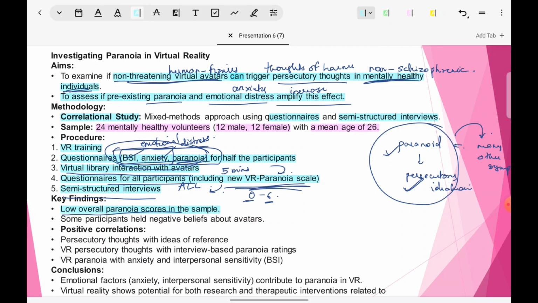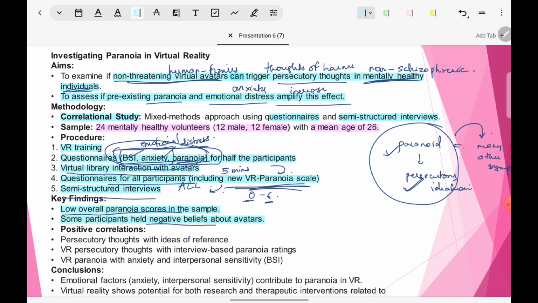In the same way, if the participant thinks that they wanted to harm me, that is the projection of the participant's own paranoia. Overall, people are less paranoid in the normal population, which is why not many people reported having negative thoughts about the avatars. Some did have some negative beliefs about the avatars.